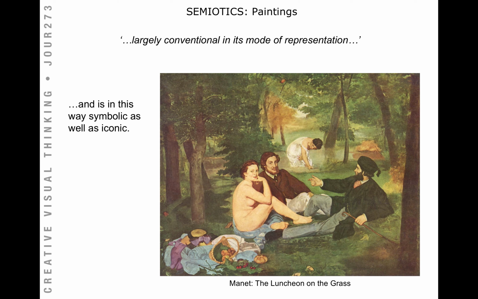And note that just because a signifier resembles that which it depicts does not always or necessarily make it purely iconic. Peirce stated that although a painting may be perceived as looking like what it represents, it's largely conventional in its own mode of representation. So in this way it is symbolic as well as iconic.